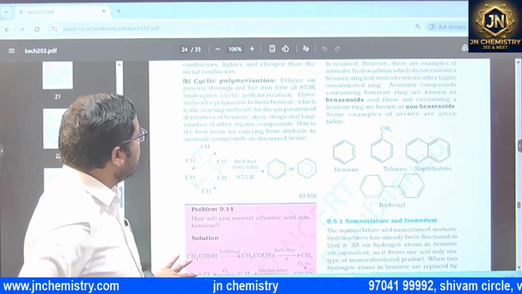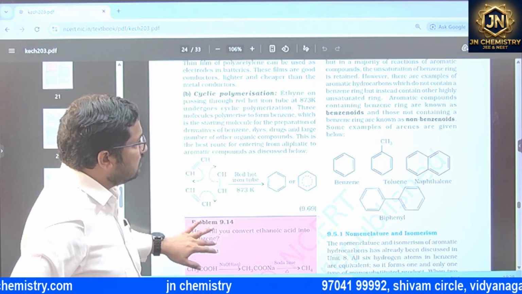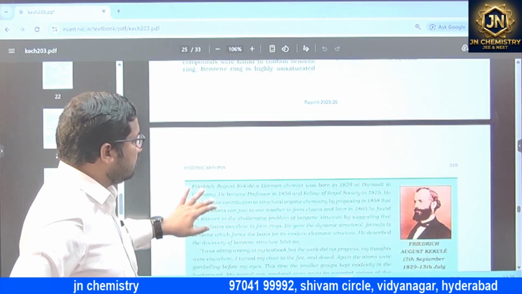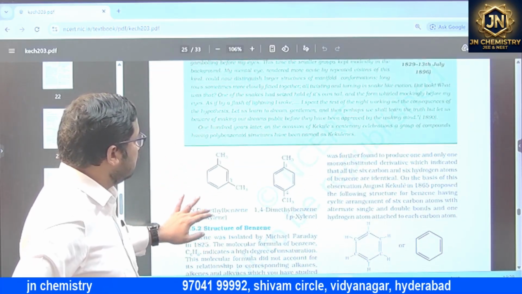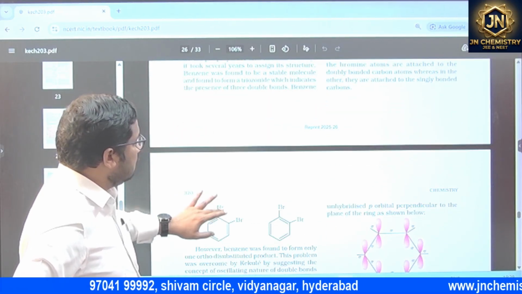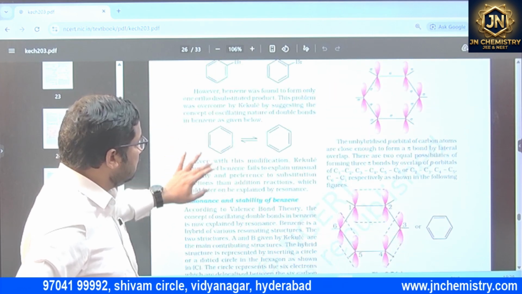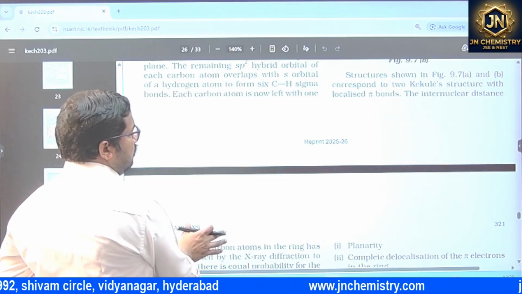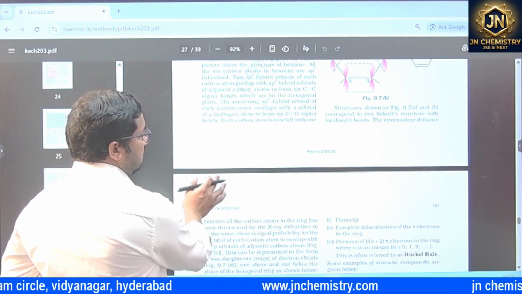So in the benzene ring, benzene cyclic polymerization, naphthalene, anthracene. Structure of benzene. Just go through the point to point, okay?